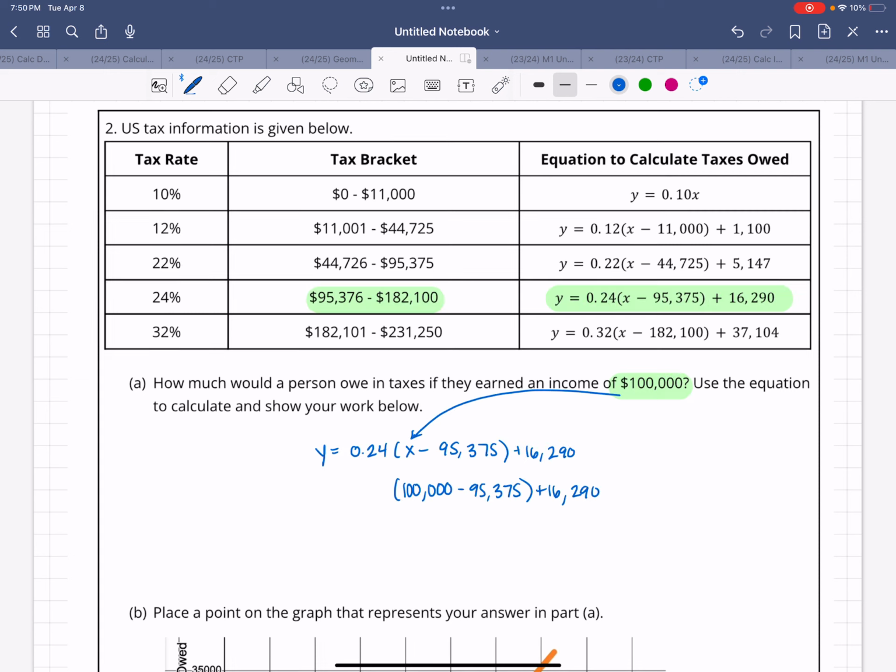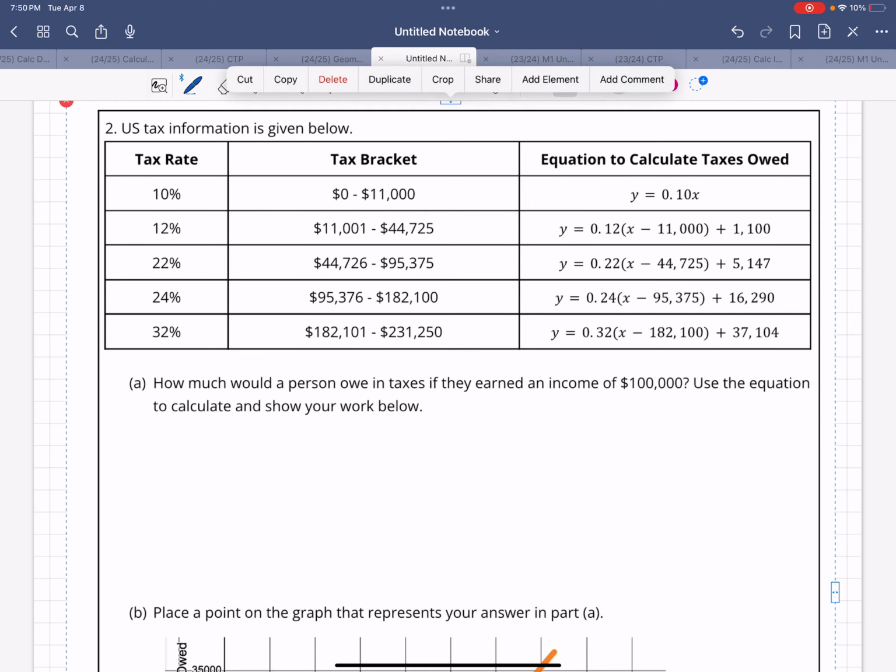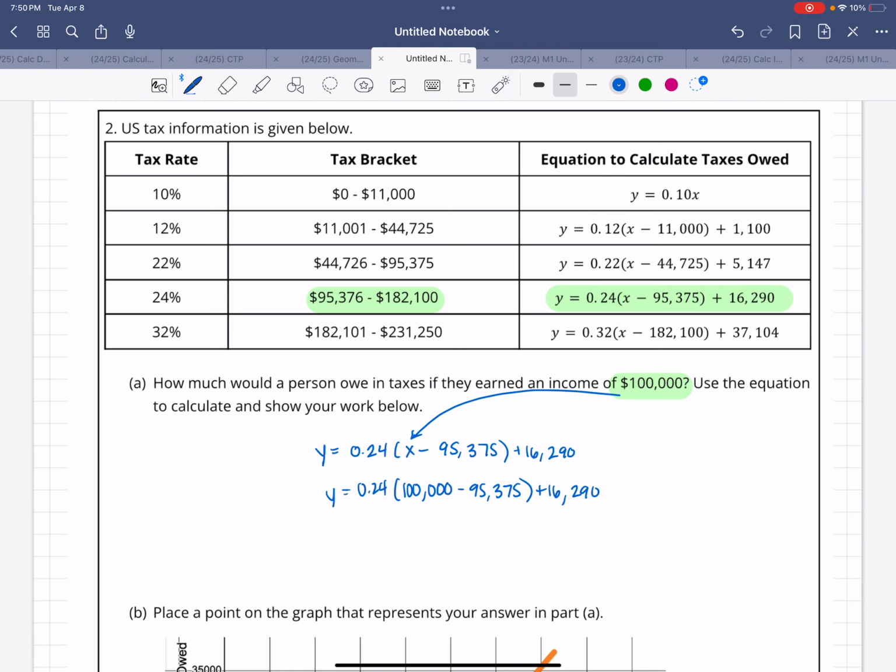Don't forget that we are multiplying by this 24% here. When I plug that all into my calculator, my final answer is 17,400. So the amount of taxes owed is $17,400.